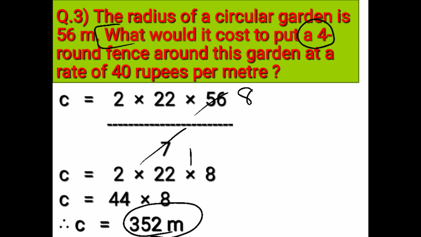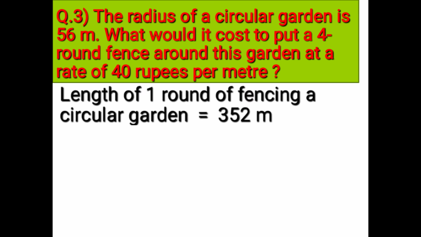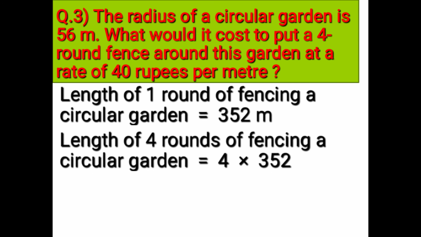The answer you got here, the circumference, is 352 meter, the length of 1 round of fencing. When you need more than 1 round, you have to multiply 352 into 4. So write the statement. The length of one round of fencing a circular garden is 352 meter. The length of 4 rounds of fencing a circular garden is 4 into 352.